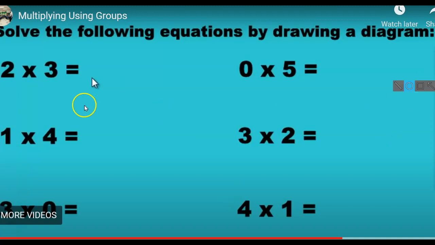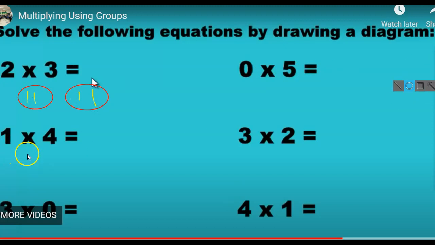All right. So look at this one. 2 times 3. 6, but how many groups am I going to need? 2. And how many in each group? 3. Okay.